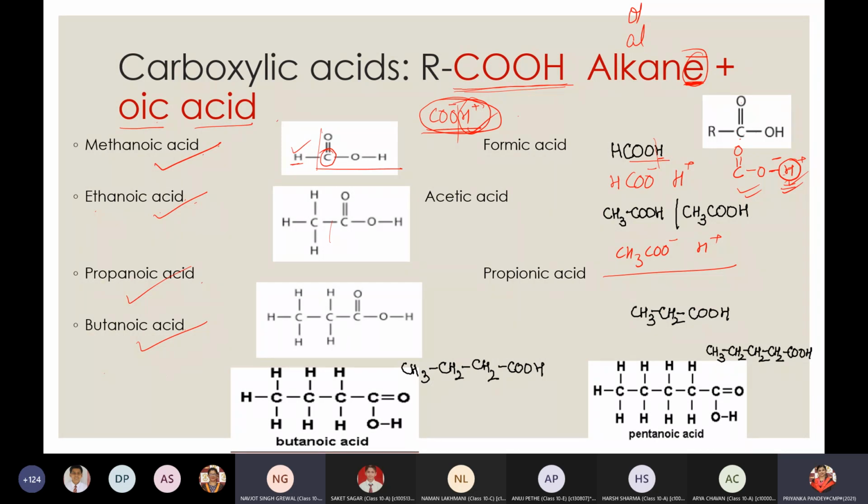It is much easier. Next time, when we are going to talk about these compounds, this is the major name being given.